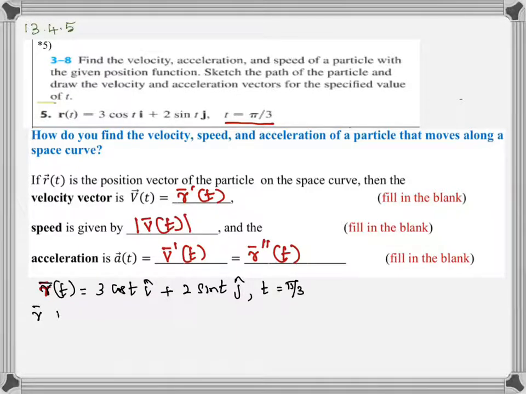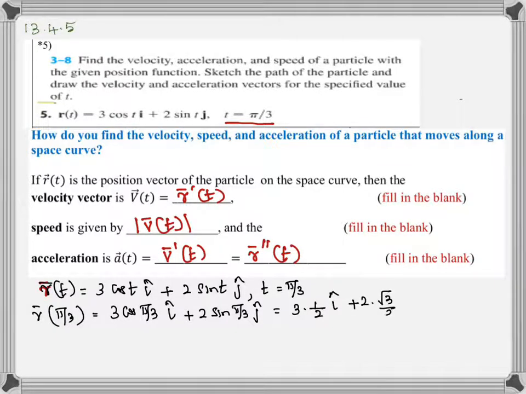So r of pi by 3 is 3 cosine of pi by 3 i plus 2 sine of pi by 3 j, which reduces to 3 times 1 half i plus 2 times root 3 over 2 j. The 2 and 2 cancel out. So you get 3 halves i plus root 3 j, which is the position vector at t equals pi by 3.